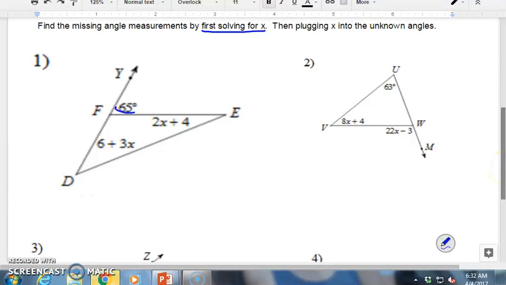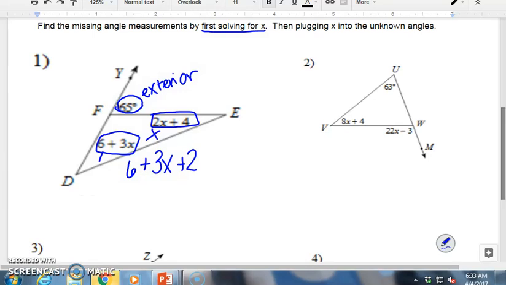So notice in this one, we have the exterior angle, but we need the two non-adjacent angles. I know that if I add these two non-adjacent angles together, it's going to equal that exterior angle. So I can put 6 plus 3x plus 2x plus 4, because those are the two non-adjacent interior angles.